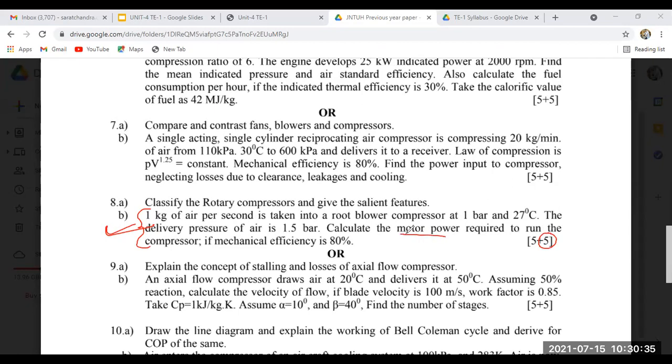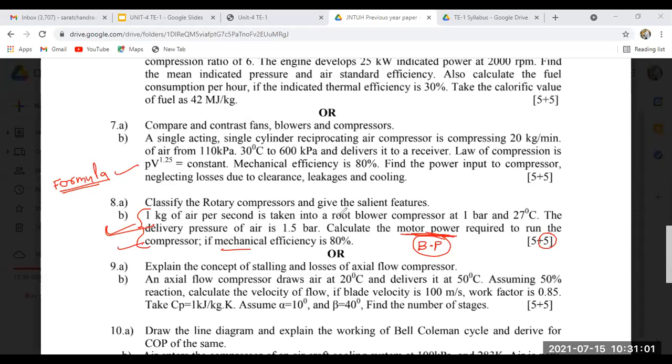We have to calculate motor power, which is nothing but brake power. The only thing is you have to remember the formula. If you remember it correctly, you just put in the values and you will get the answer. Nothing else is there in this question.